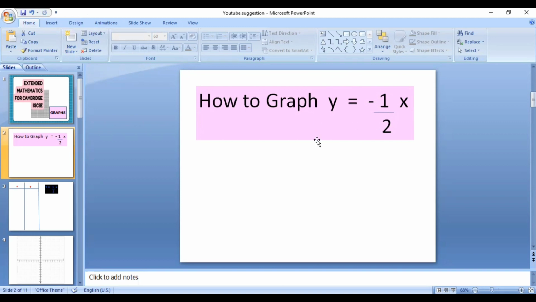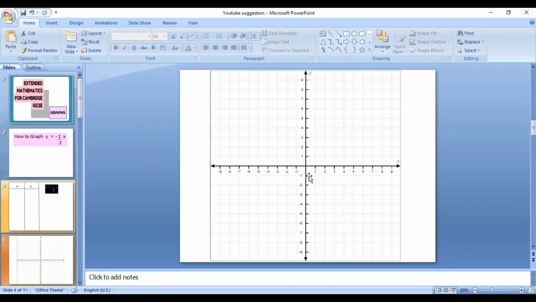If I want to plot or graph the given equation, how am I going to take the numbers for the x and y coordinates? The first point on the graph is 0.